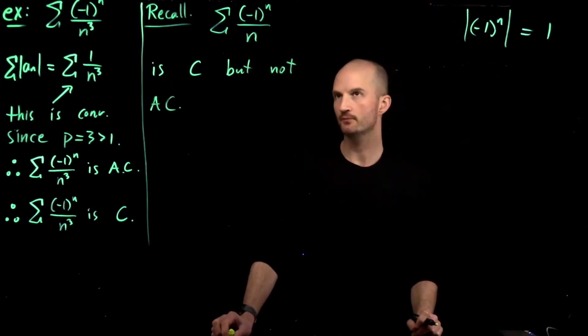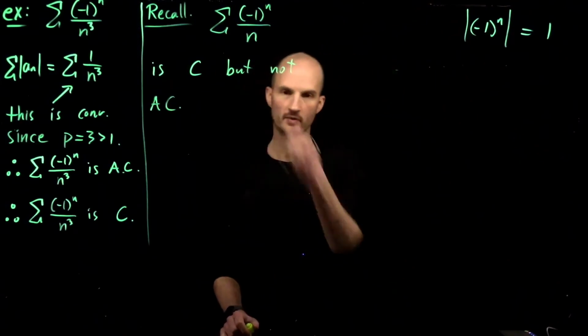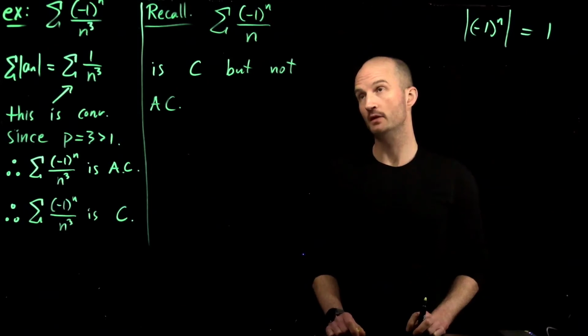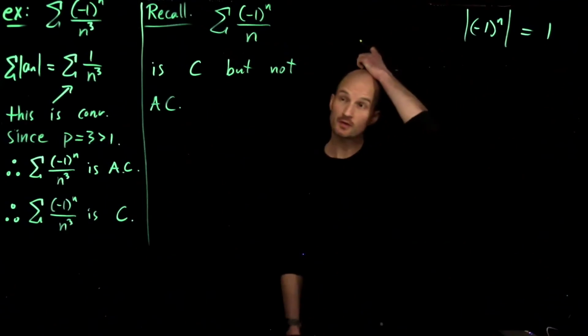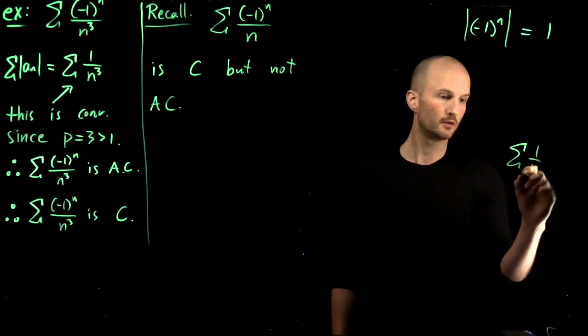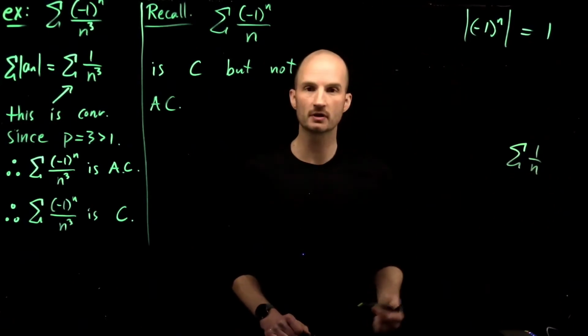We saw this before. It's convergent because you can do the alternating series test, and you'll quickly see that it's convergent. But if you consider the series of absolute values, you get the harmonic series, and that is divergent because p is 1.